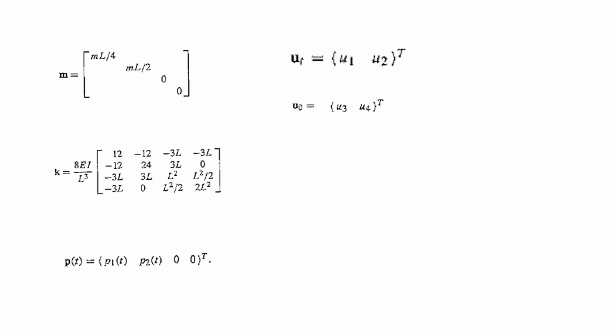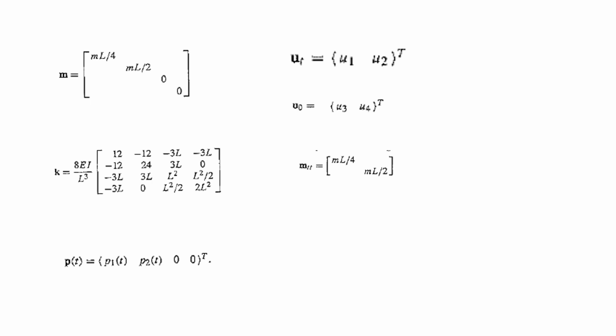In static condensation, what is known to us is that ut is u1, u2 here, and u0 is u3, u4. These are the rotations, which are taken here as 0. Then mtt is known to us as ml by 4, ml by 2, whereas m00 will be 0, 0 if we take it from the static condensation principle.